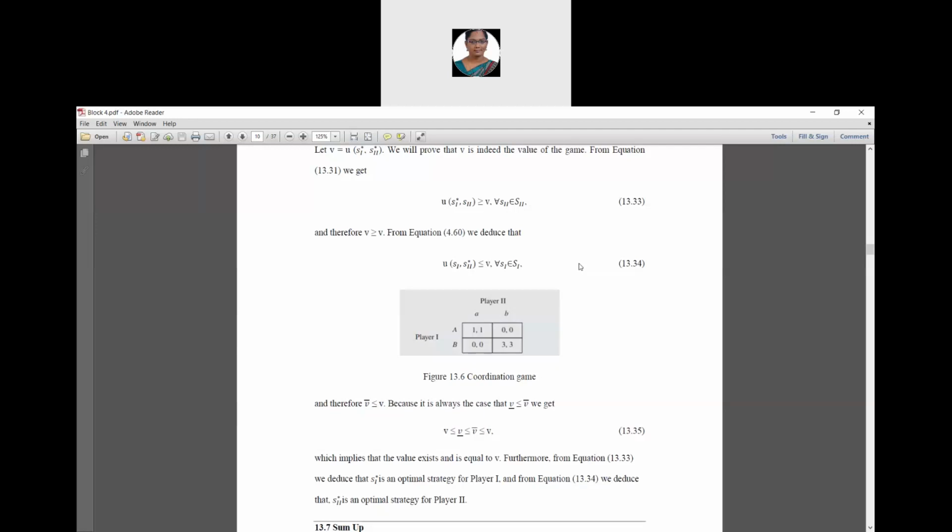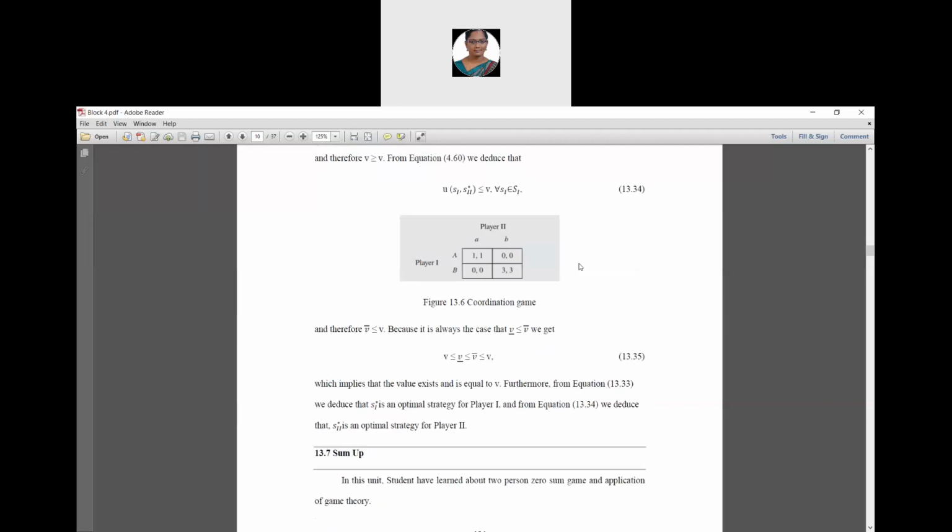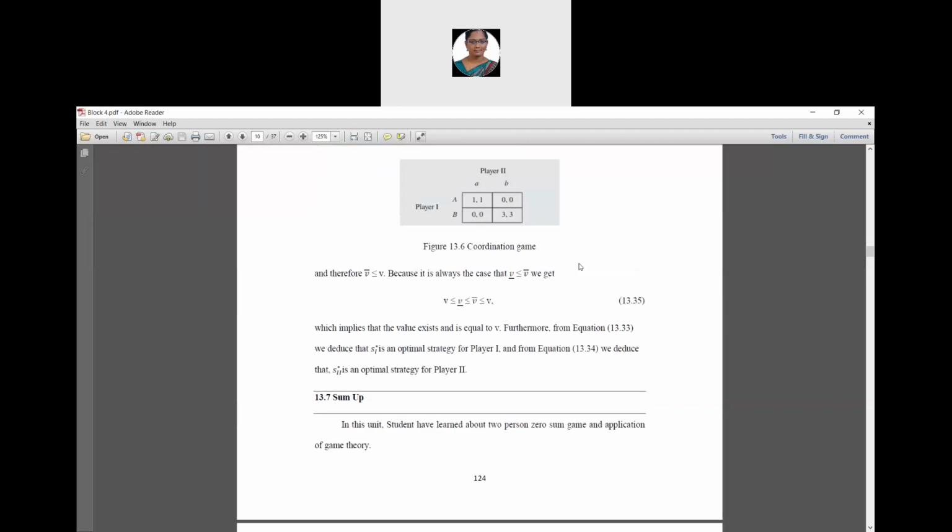Because it is always the case that V lower bar is less than or equal to V upper bar, we get V less than or equal to V lower bar less than or equal to V upper bar less than or equal to V, which implies the value exists and it is equal to V. Furthermore, from equation 13.33, we deduce that S1 star is an optimal strategy for player 1, and from equation 13.34, it is proved that S2 star is an optimal strategy for player 2.